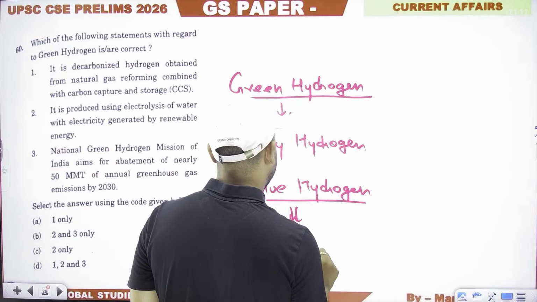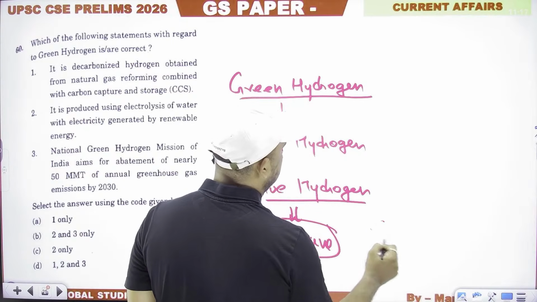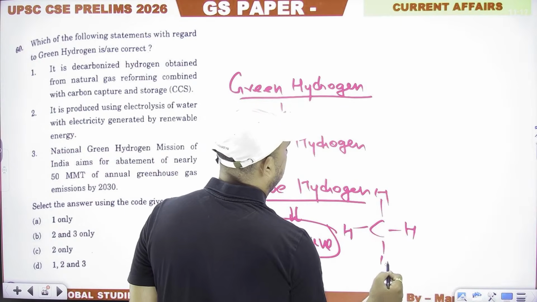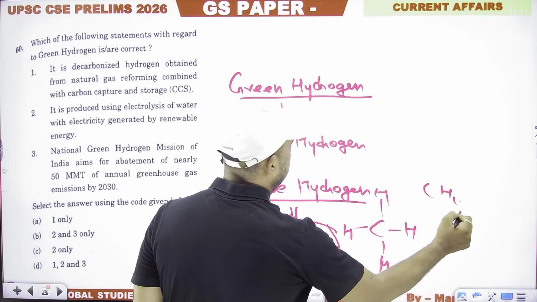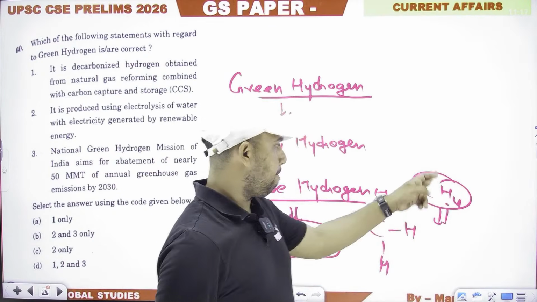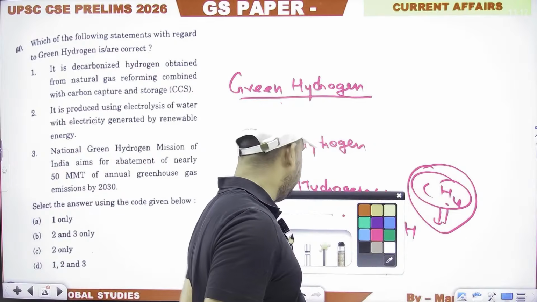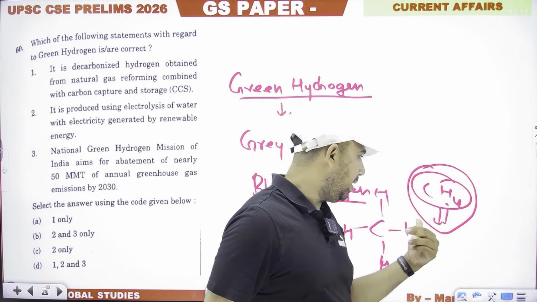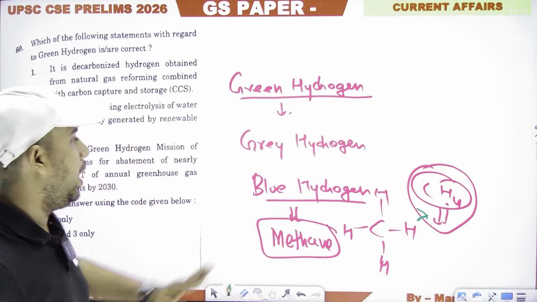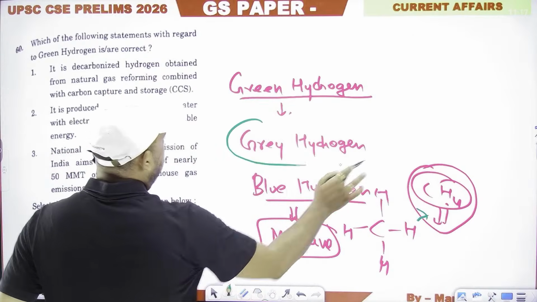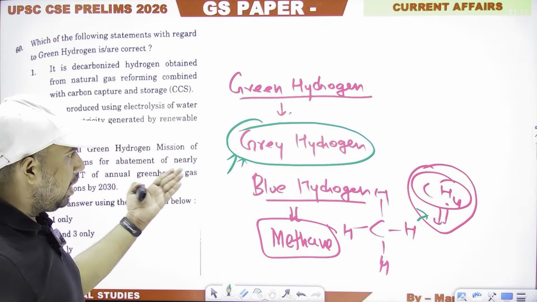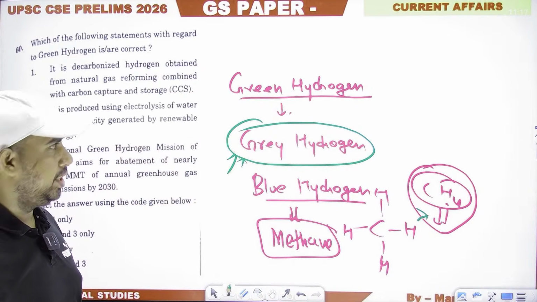Methane means CH4, you already know CH4 is methane. If hydrogen is extracted from methane by some process, that is considered blue hydrogen. If by any sources, meaning any fossil fuels, we are producing hydrogen, that is considered grey hydrogen.